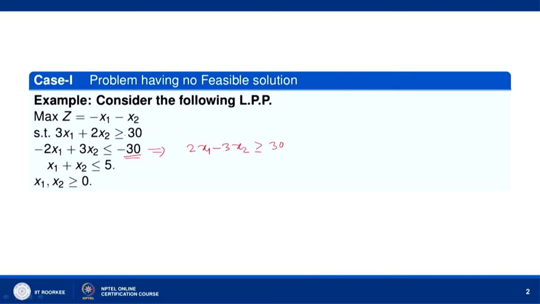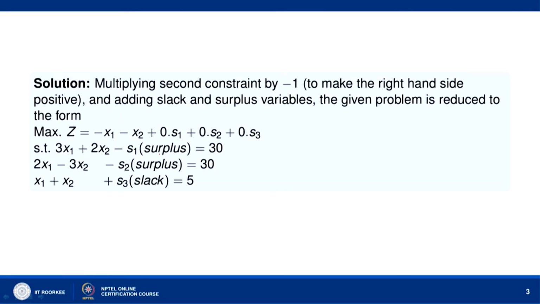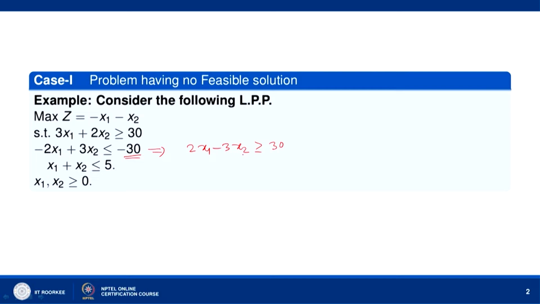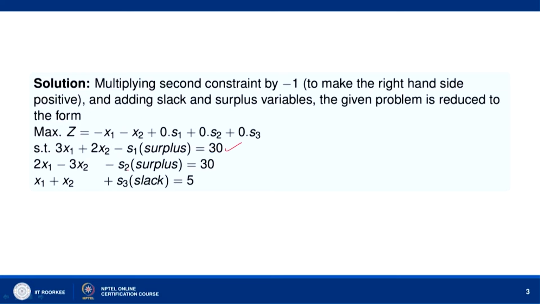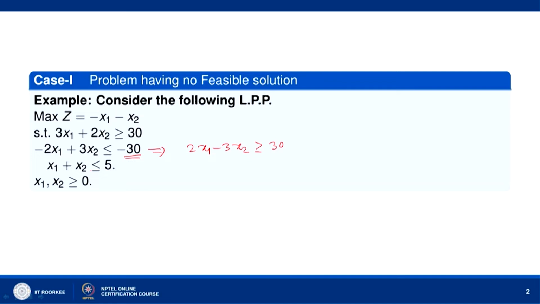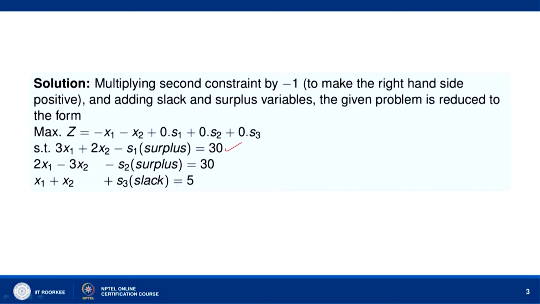So, we get 3 x 1 plus 2 x 2 minus s 1 equal to 30, and in the second constraint also we have greater than or equal to type, so we use surplus variable s 2. So, 2 x 1 minus 3 x 2 minus s 2 equal to 30, and the third constraint is less than or equal to type, x 1 plus x 2 less than or equal to 5, so we use slack variable s 3. So, we have x 1 plus x 2 plus s 3 equal to 5.